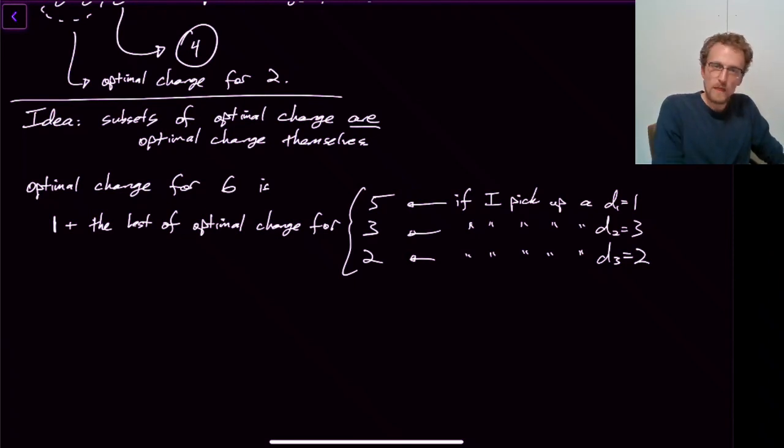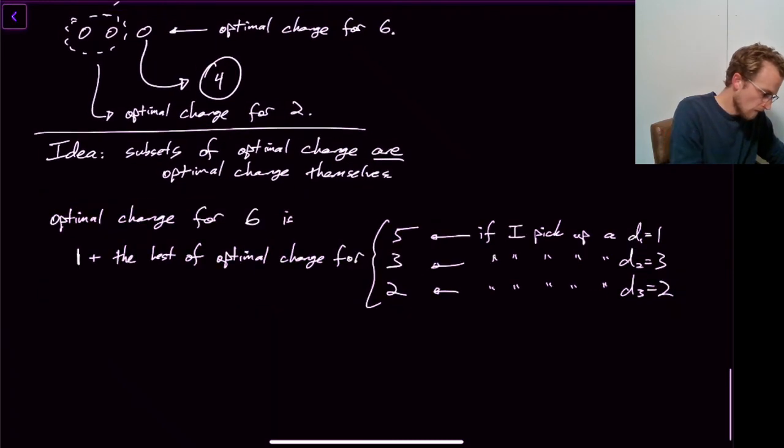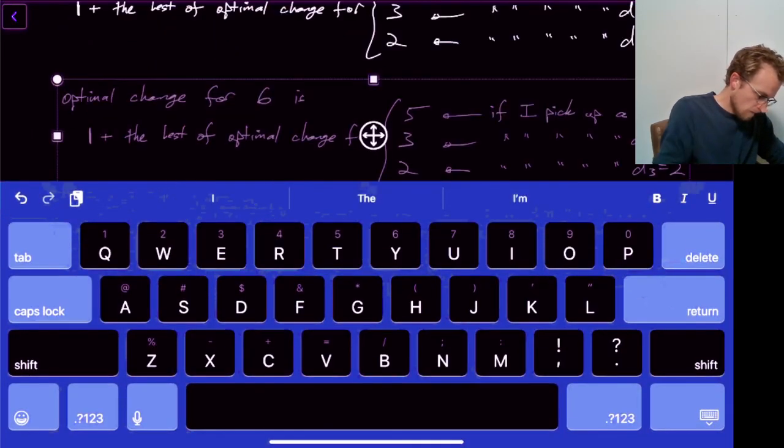Well, what this big long thing here says is that to find optimal change for 6, I got to find optimal change for 5, then I got to find optimal change for 3, then I got to find optimal change for 2, right? By whatever means necessary. But I can just take this same exact approach and duplicate it, right? I can say, look, I'm gonna duplicate it like this. I'm gonna actually do a copy. Right here.